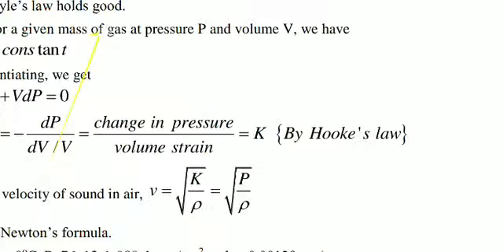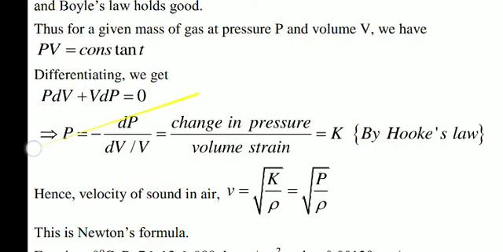So let us differentiate this equation. P and V are the product of two functions. So let us keep the first function as constant and differentiate the second, that is dV, plus keep the second function as constant and differentiate the first function as dP, and the differential of a constant will be equal to 0.